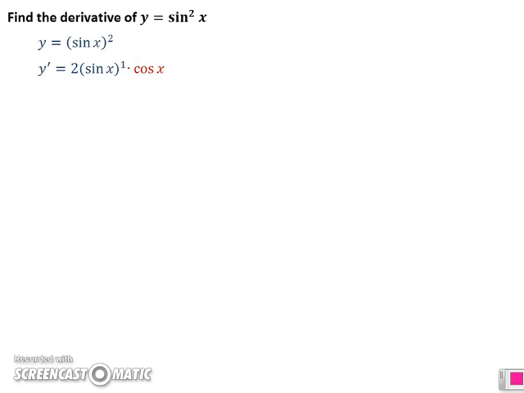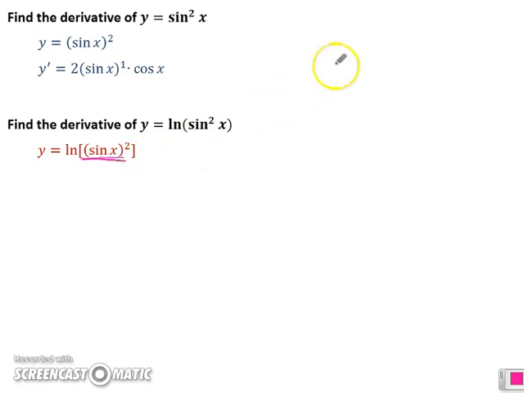So let's do another one. Let's do the same one actually, just add an outer layer. Let's add one more layer to this. So it's the same problem, except now there is the natural log on the outside. The derivative of the natural log is 1 over x, and that's if it's just an x. But in this case, it's the natural log of stuff. So when you have the natural log, the derivative of that would be 1 over that stuff, whatever's on the inside.